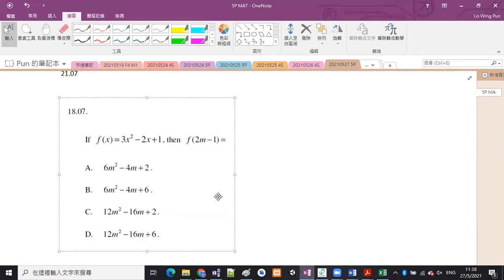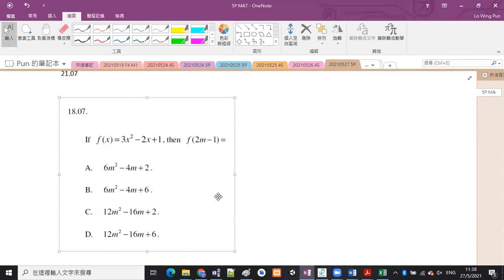Thank you. Is that correct? It's option D. You see that option D is 12n squared. Where did it go wrong?